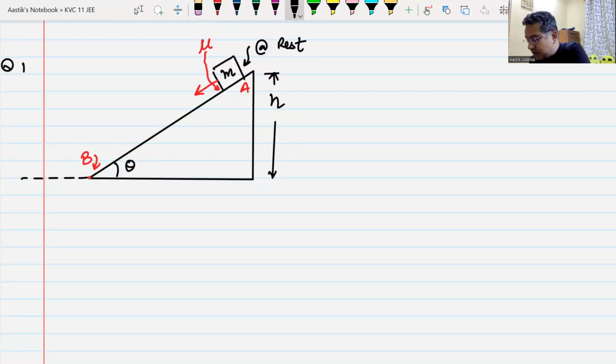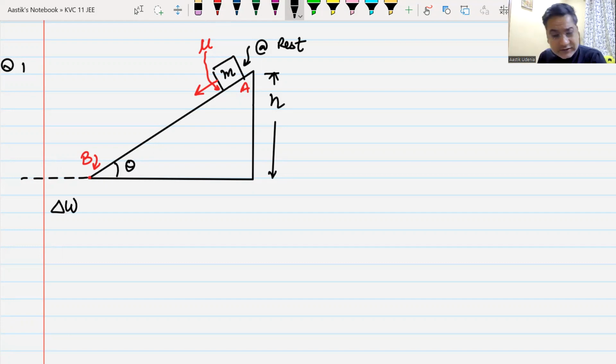So how are we supposed to do this? You will have to find the work done by the forces acting on this block. Can anyone tell me what are the forces acting on this block?